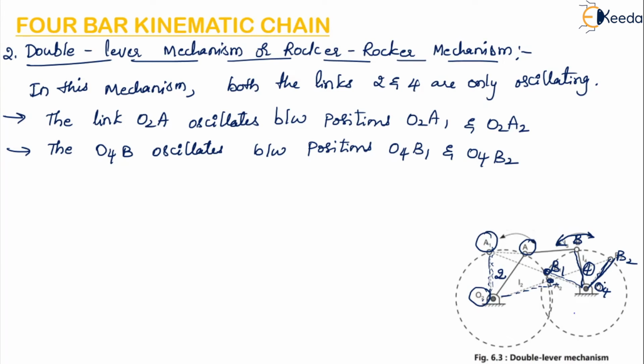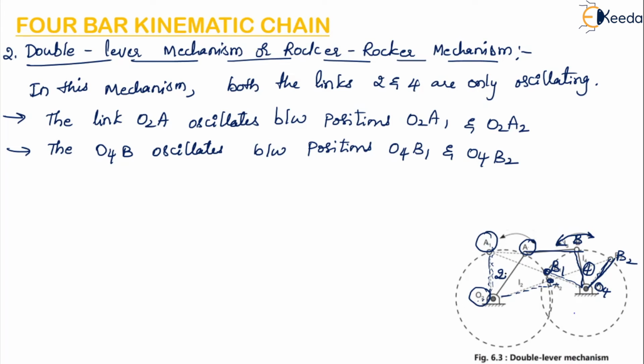If you want to obtain this position of O4B, you have to see that this is A and this is B, and that O2A and AB are along a straight line.